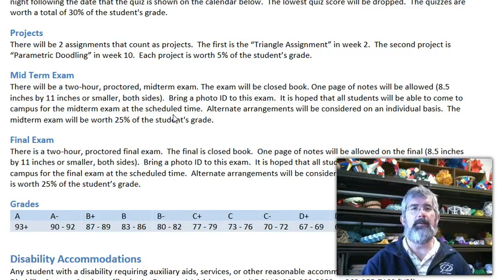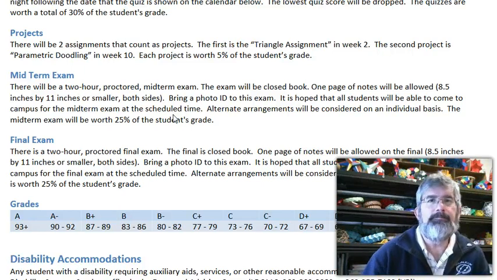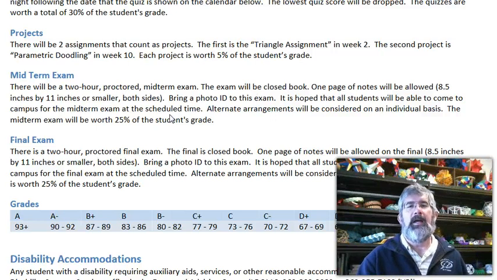I'll set up a time and room, and you can come and take the midterm and the final, both of them. We'll look at the calendar here for those dates. You'll come to campus, bring a photo ID. You'll be allowed a page of notes, both for the midterm and for the final.